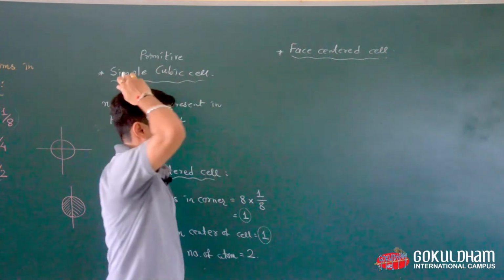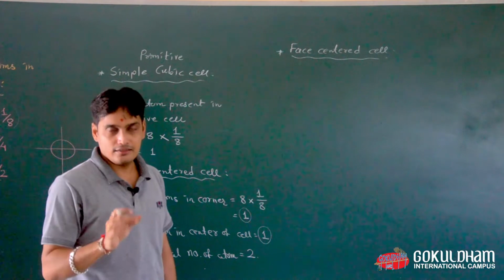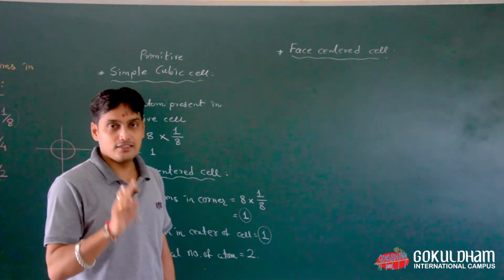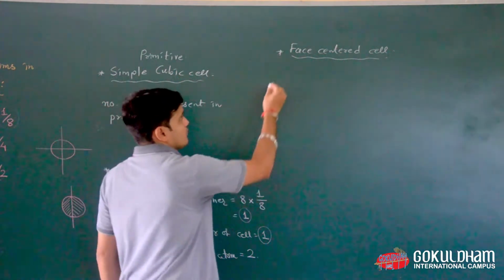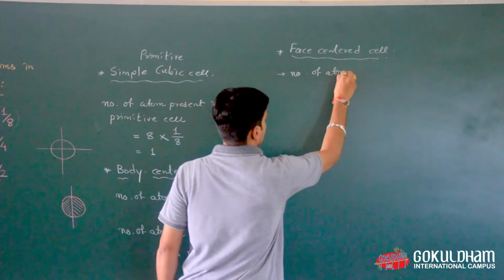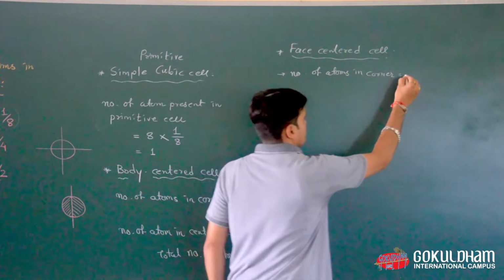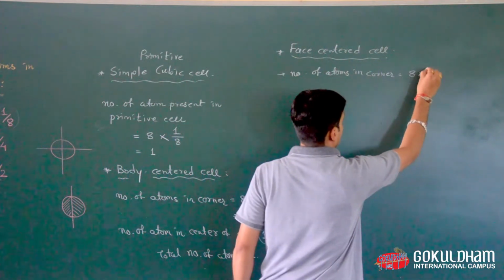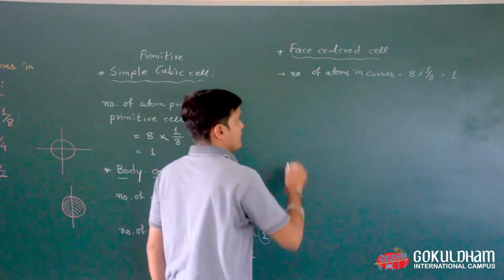According to the definition, face-centered means 8 corners containing 8 atoms and 6 planes containing 6 other atoms. So, the number of atoms in corners is equal to 8 corners multiplied by 1 by 8. Answer is 1.